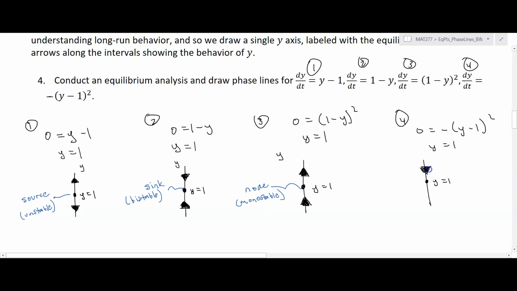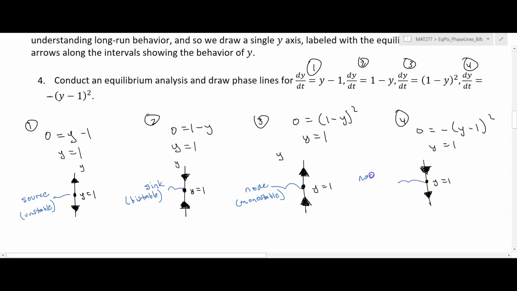So if y starts off bigger than 1, it will decrease towards the equilibrium point of 1, and then it's stuck in equilibrium. And if y starts off less than 1, it's also going to decrease, in this case down towards negative infinity. And this also is called a node, and this also is called monostable.